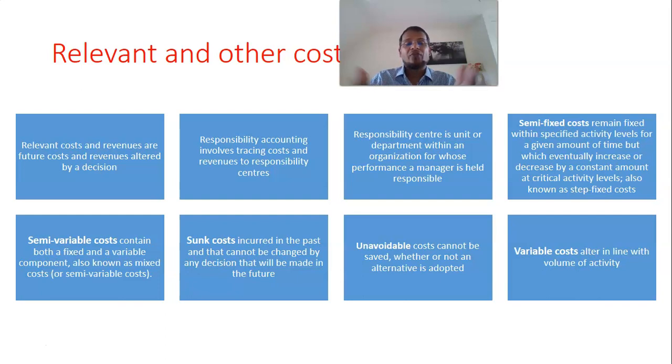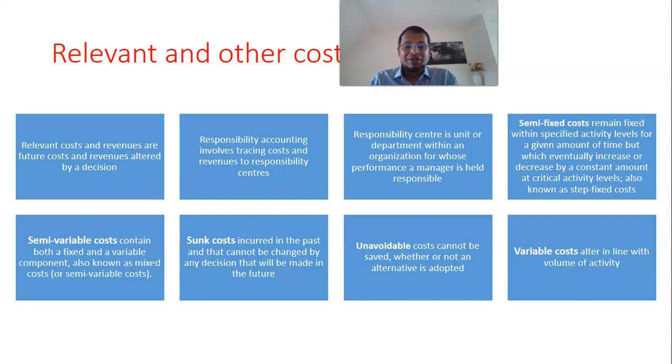It has the behavior of both variable cost and fixed cost. That means it increases but not as much as the variable cost. Another part is fixed, that is semi-variable, semi-fixed, or mixed cost.